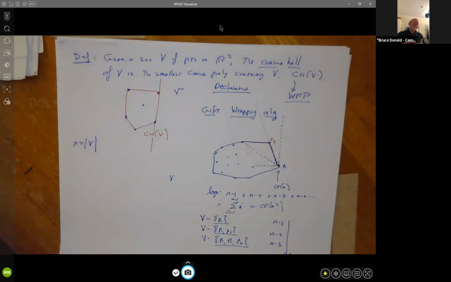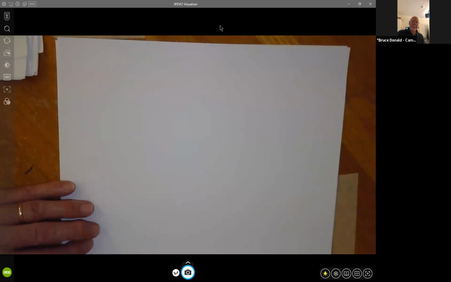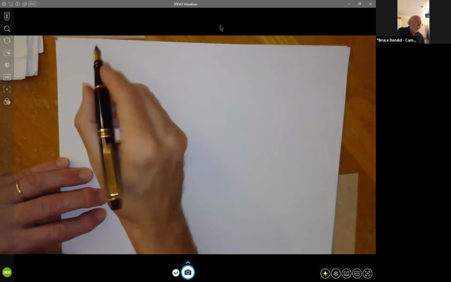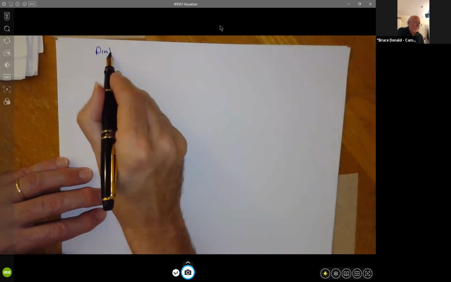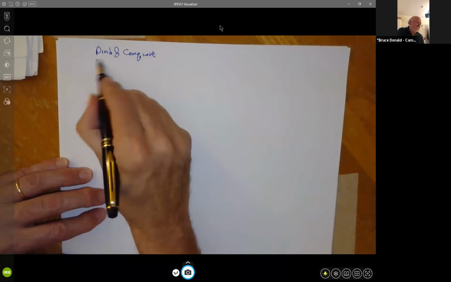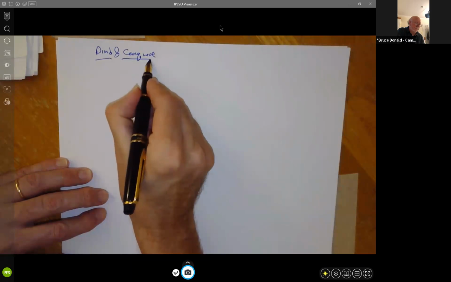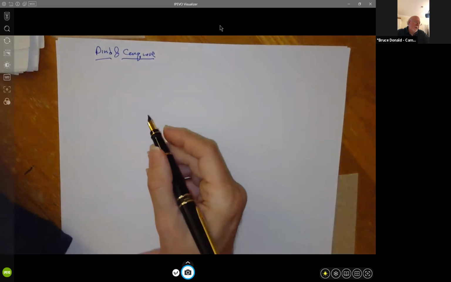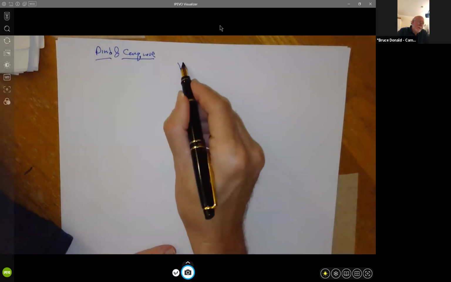So one thing that you might consider in a problem like this is to do some kind of divide and conquer, right? This is a classic paradigm, of course, in computer science. It also works very well here. So again, we have our V, which is our set of points.